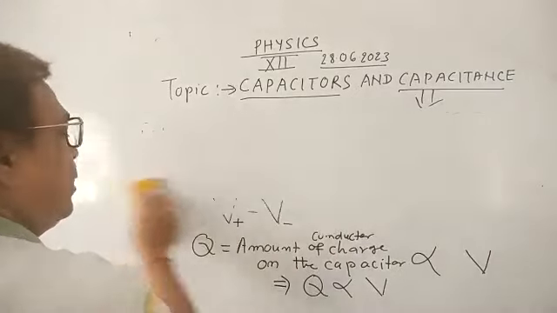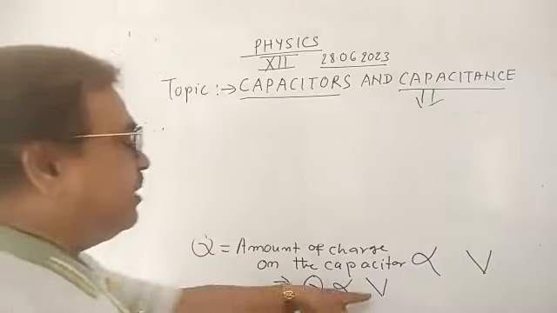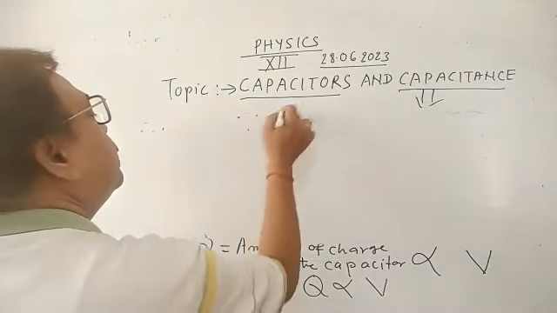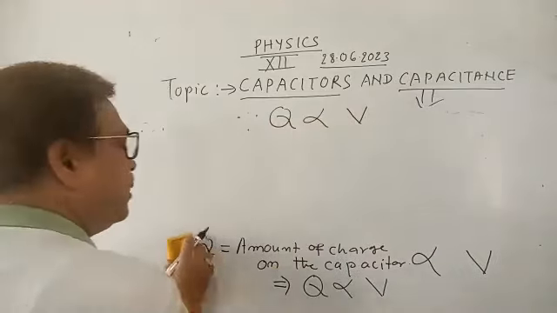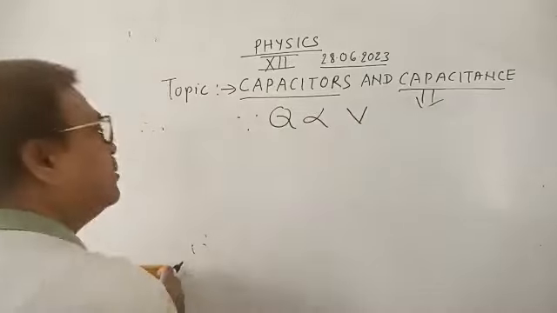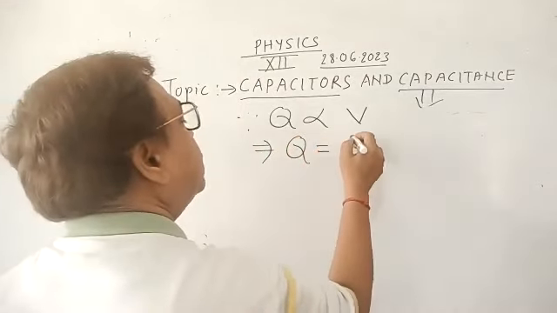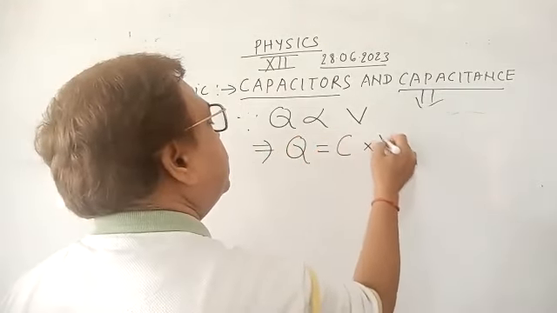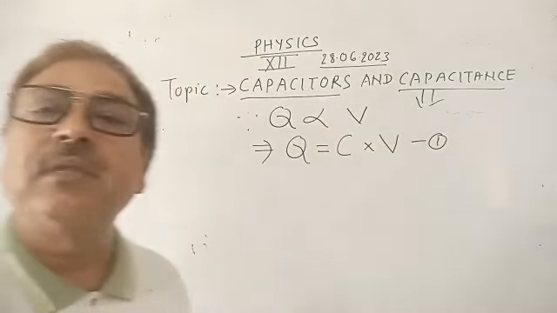Potential difference is V, and this amount of charge Q is directly dependent on it. Because the amount of charge is directly proportional to V, we write the value of Q as a constant multiplied with V, and we take it as equation 1.